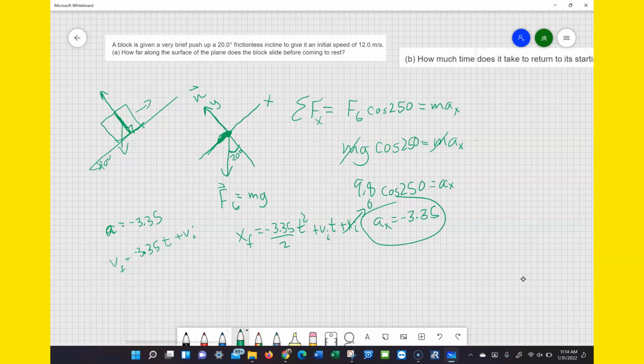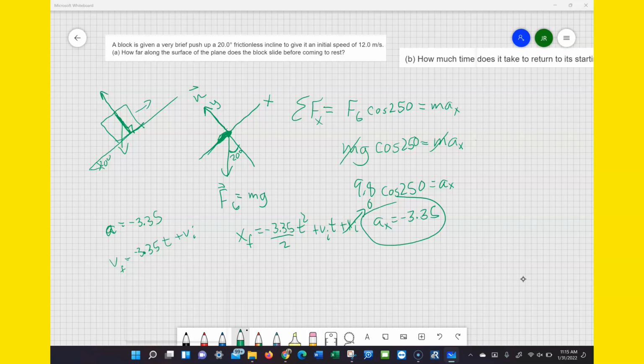All right, so I think I'm actually going to answer part B first because I need to find the time before I can find the distance in the way that I'm doing it here. So what is the final velocity when it comes to rest? If it's sliding up the inclined plane and then it comes to rest at some point, then that final velocity is 0 at that point. Something's wrong with my computer screen. It's not really working well right here.